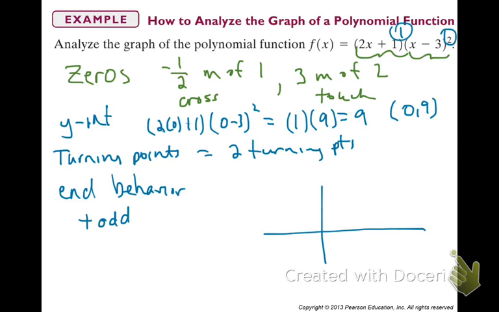So let's graph what we have. Here's our negative 1/2 over here, and then we have, what was the other one, 3? We know that the negative 1/2 is going to cross, right? So we're going to cross there. And we know that 3 is going to touch.